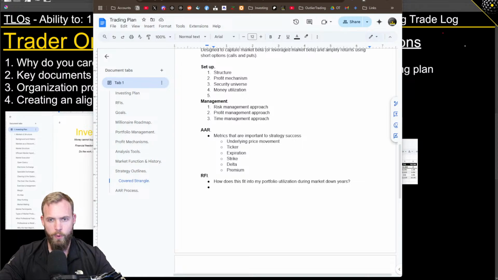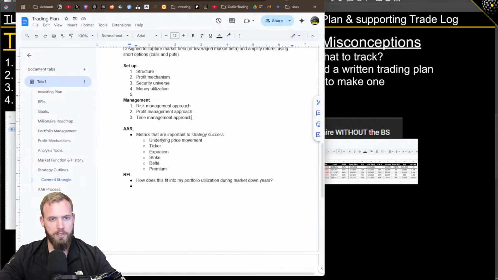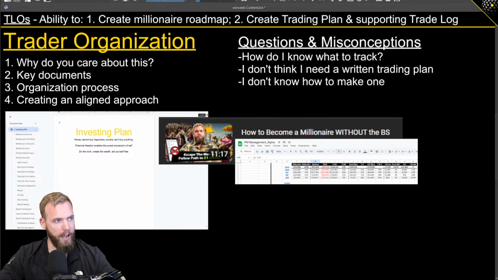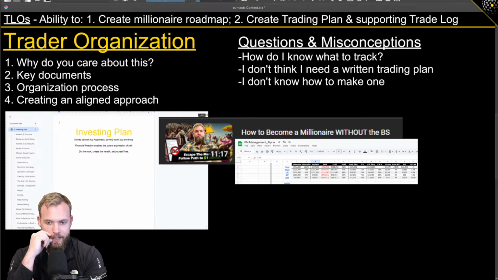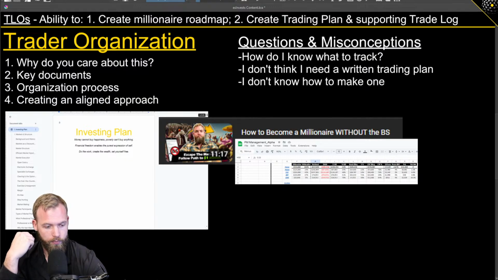The key takeaway from this is the most important part of this is starting. And if you start the process, it's iterative. Don't get overwhelmed not knowing what to track. What happens to a lot of people is they don't know what to track, or they say they don't know what to track, so then they just don't track.